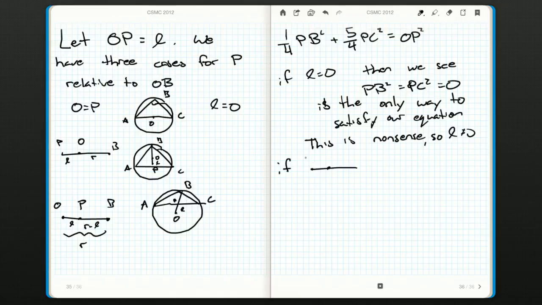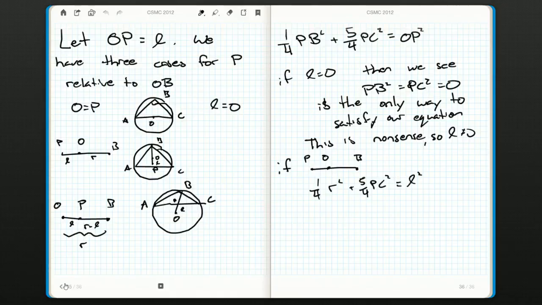If we have POB, then we have 1/4 R squared plus 5/4 PC squared equals L squared. Is there a way to get PC in terms of L and R?